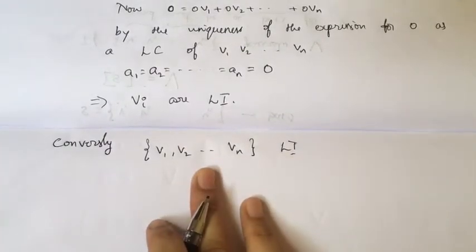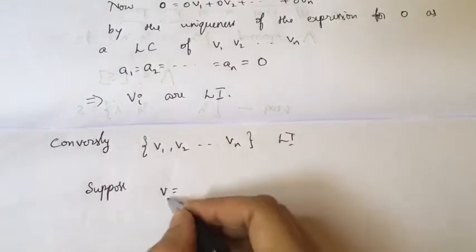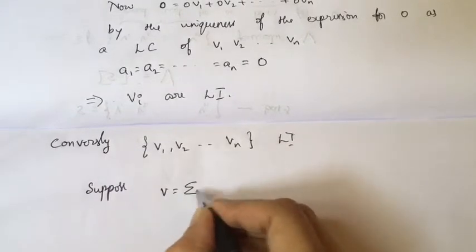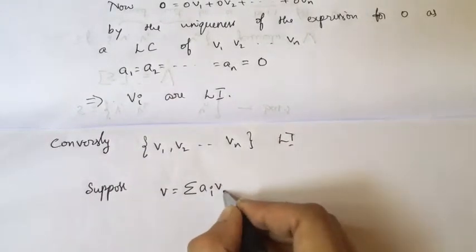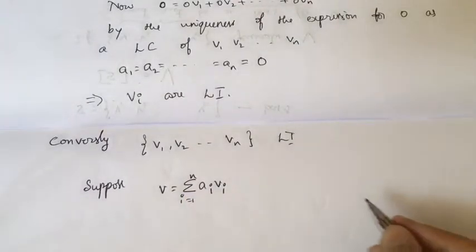I have to show they form a basis. Suppose any vector v can be written like this, i ranging from 1 to n.